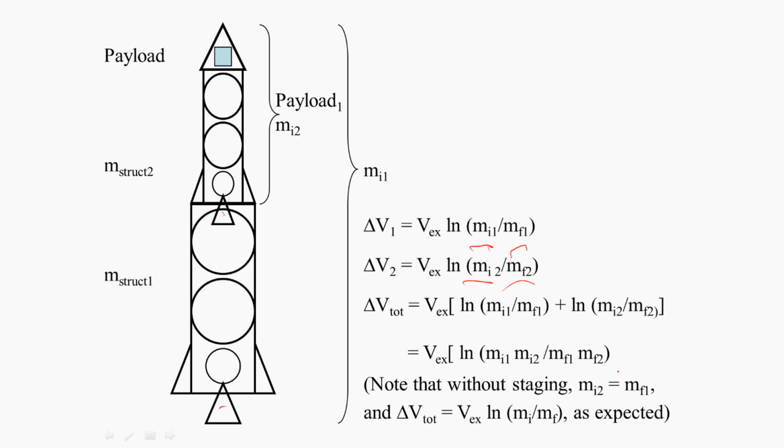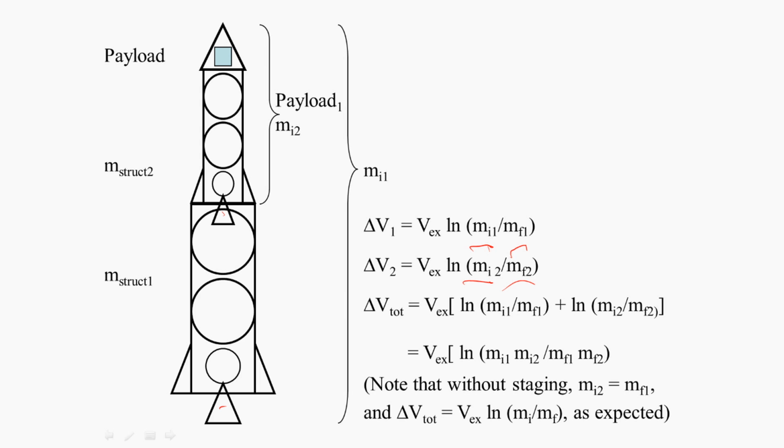And just to show that we're on the right track, if we didn't have any staging, then we wouldn't have dropped the mass of the structure of the first stage, and in fact, therefore, the initial mass of the second stage would be equal to the mass when the first stage cut off. Of course, we couldn't light the engine, but we're just doing this theoretically.